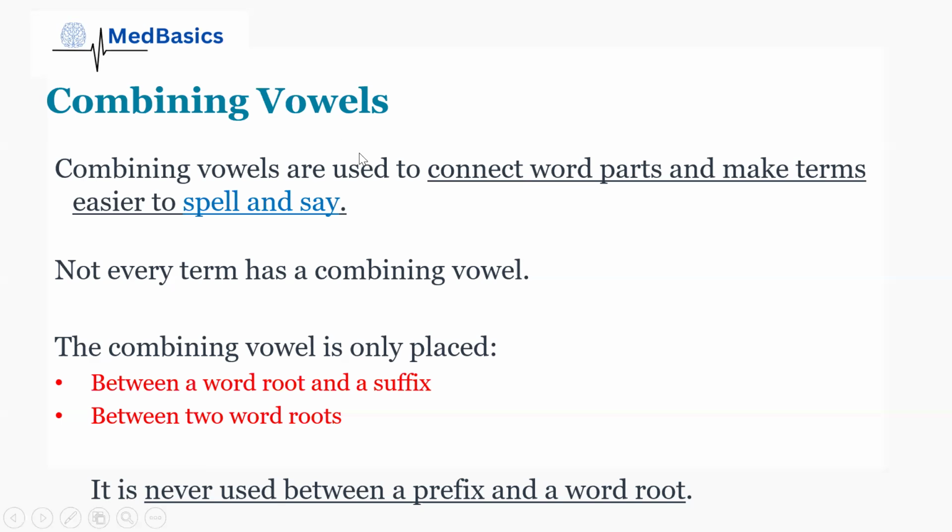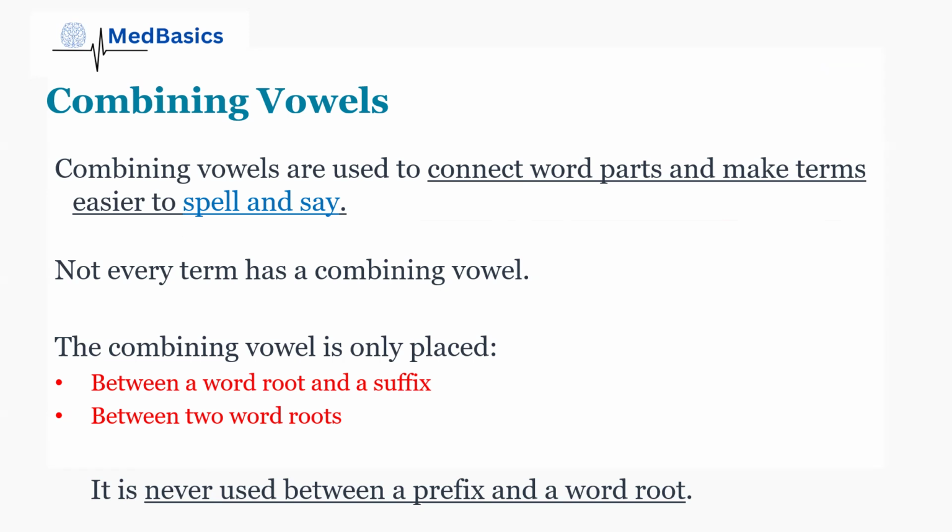Let's have an example. If I say cardi, without adding O, which is a vowel, the pronunciation is very difficult. But if I add the combining vowel to the word root, it becomes cardio. The pronunciation is much better. Similarly, nephro.